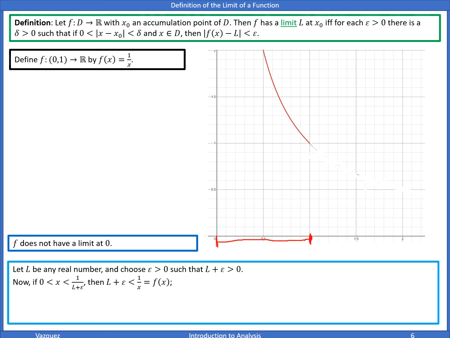But now, if 0 is less than x less than 1 over L plus epsilon, well then L plus epsilon is less than 1 over x, right? So that's why we chose that epsilon to fit this, so that we can have L plus epsilon less than 1 over x, which, well, is just equal to f of x.